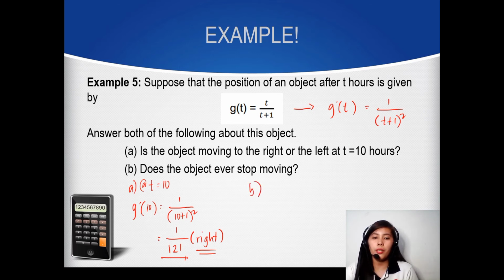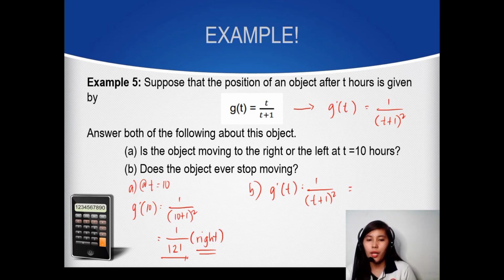Now for letter B, does the object ever stop moving? Our g prime of t is equal to 1 over t plus 1 squared. It can only stop moving if we equate this to 0. But if we try to equate this equation to 0, it cannot be, right?